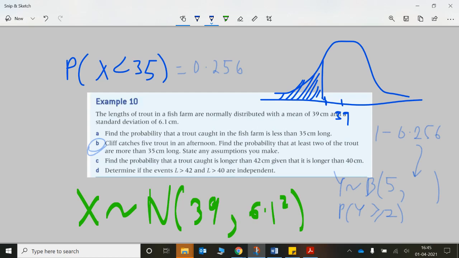We go binomial CDF, number of trials is 5, probability of success is 1 minus Control V, my answer, which I just saved from scratchpad. And then the lower bound here is going to be 2, and the upper bound is 5. So let's press OK on that one. I'm getting an answer on this one of 0.98.